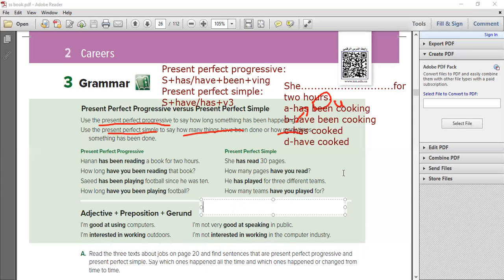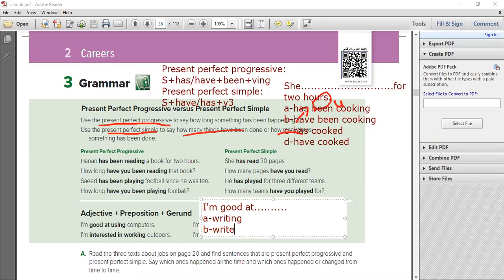So in the exam, I am good at, and I will give you different forms. I will write writing, or maybe write, or writes, and different forms, and you're going to choose.